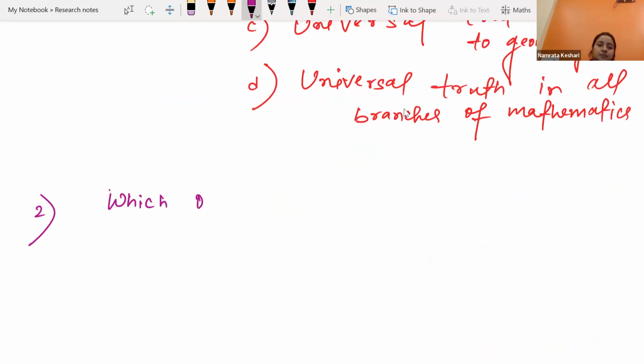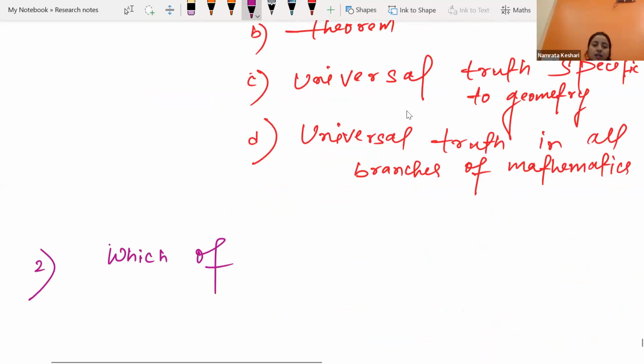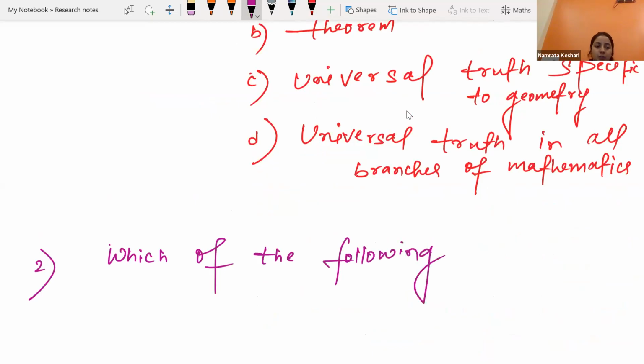You can read C and D really carefully, and then vote for it. Is it C or D, or anyone? If you think A or B, you let me know. It is D. Okay, of course it is D.